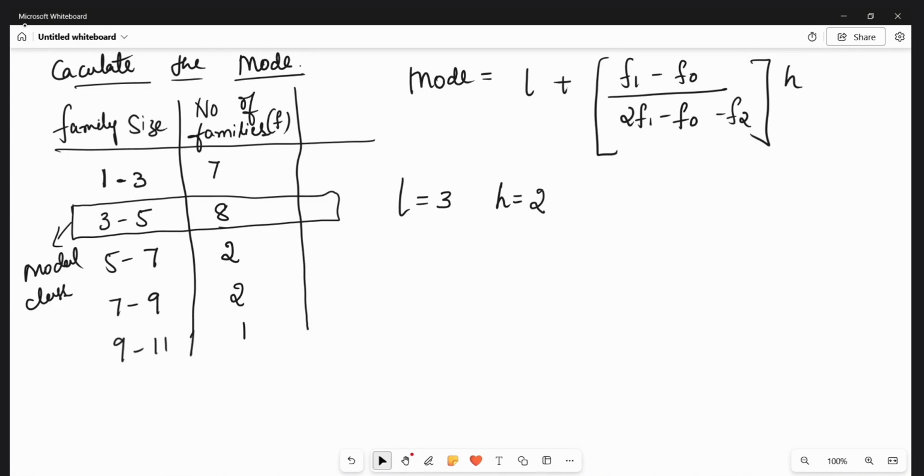The frequency of the modal class is 8, so F1 is equal to 8. F0, the preceding one, is 7. And F2, the succeeding one, is 2. Now calculate the mode.